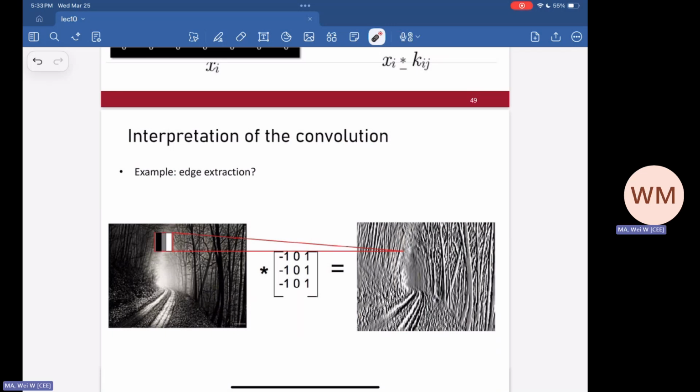So people were developing different types of filters. Those numbers are hard coded, but the neural network can automatically learn those numbers. So basically it's learning the weight. The weight is a filter.